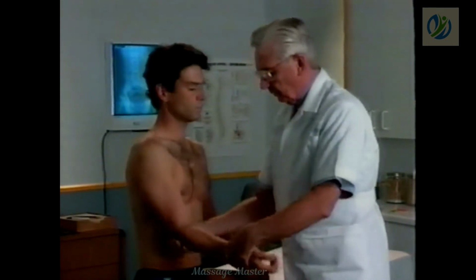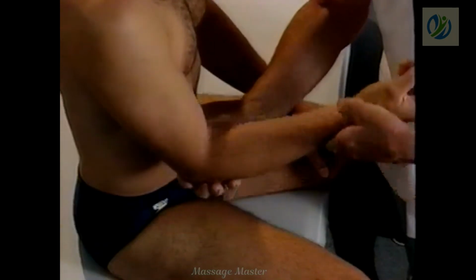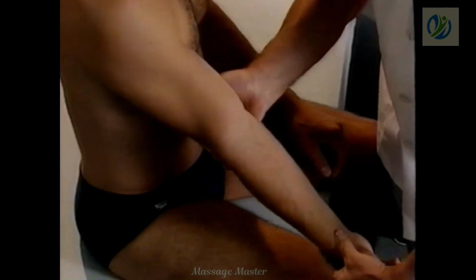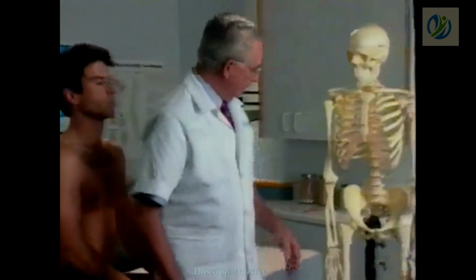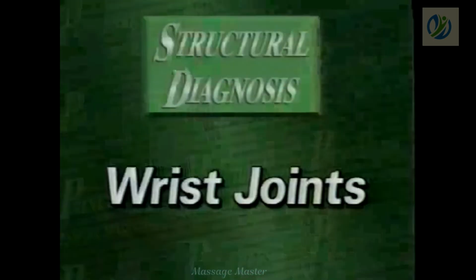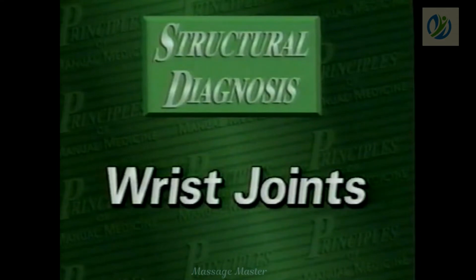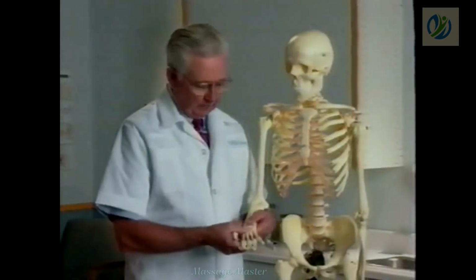Once we have restored supination, pronation, and extension to the elbow, we can then deal with problems at the wrist. Again, we have a complex. It is not one joint at the wrist.